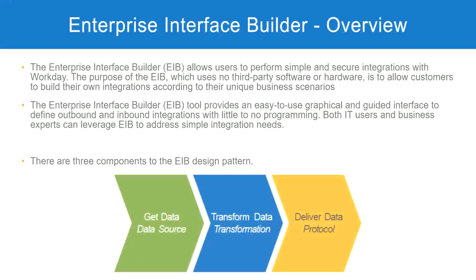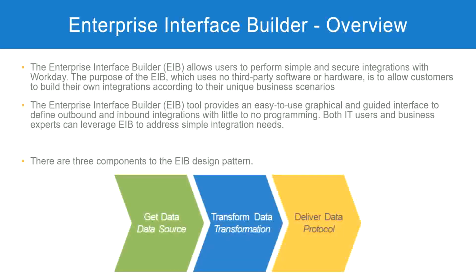The second step would be to modify the data, or translate the data, or transform the data into a format expected by the recipient. That is transform data. The third step will be to send the data to the recipient, or to deliver the data.